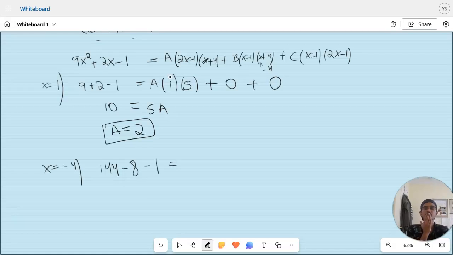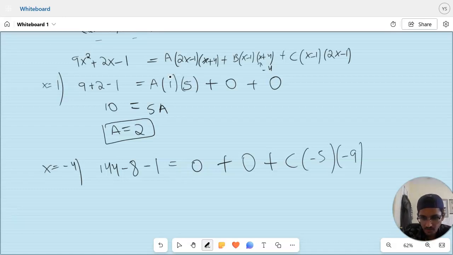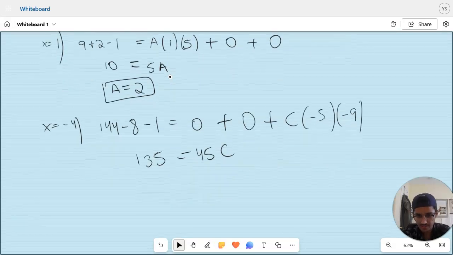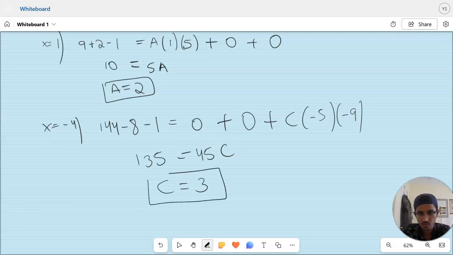Now if you plug negative 4 into the A and B terms, that turns the whole thing to 0. But negative 4 into the C term gives us C times negative 5 times negative 9. So what it gives us is 135 equals 45C. C is therefore equal to 3.